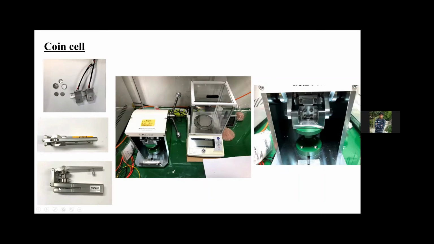So we put our deposited thin film over here and press it. Once it is pressed, it will cut according to this diameter. So after getting the electrode of this diameter, now we will do the assembly.